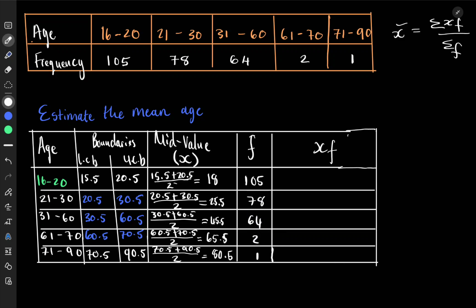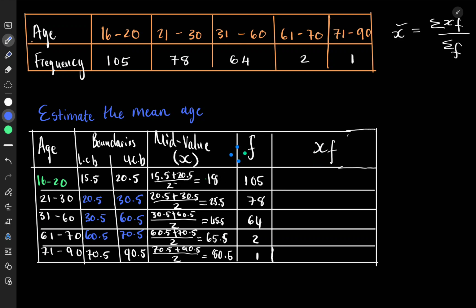So in other words, I now say I have 105 18-year-olds. I've taken 18 to represent everybody in the group 16 to 20. 75 people are 25.5, whatever. I know that we can't really talk about age when it's 25.5, but this is the value I'm going to use. That's the mid value.